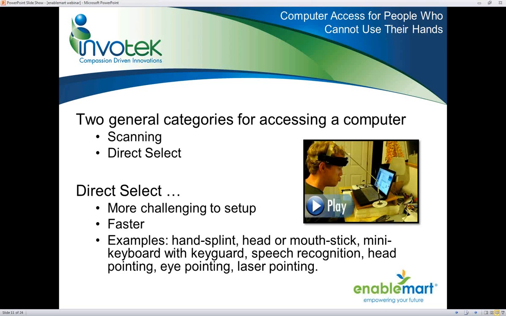I'm going to show you a quick video of one of the best head stick users I've ever seen. He just finished law school and is a practicing attorney now, cerebral palsy, but unbelievable what he can do with a head stick. And then there are other methods. Sometimes just a real simple key guard, which we'll talk about, or speech recognition, and then the more sophisticated techniques.